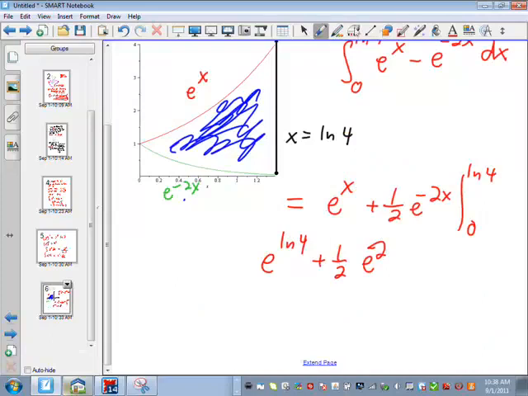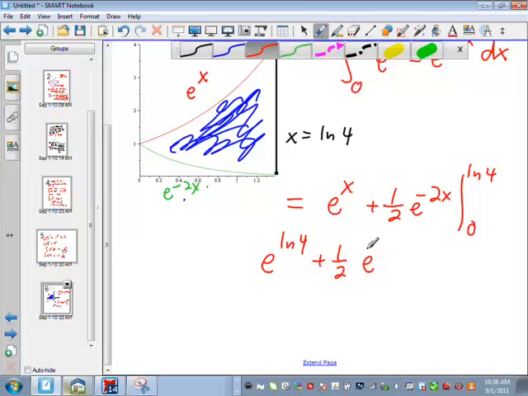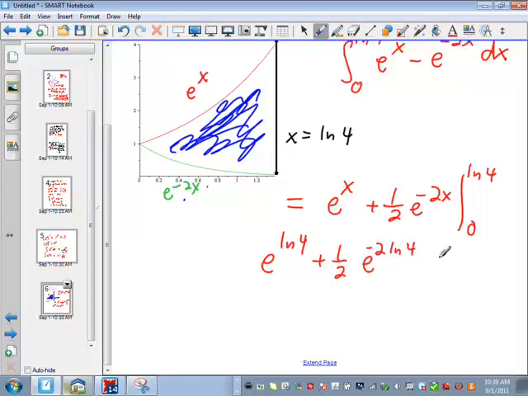See what happens when I go too quickly? E to the minus 2 times the natural log of 4. I'm worried about this being positive to start, but we'll see. Minus, at 0, e to the 0 plus 1/2 e to the 0.